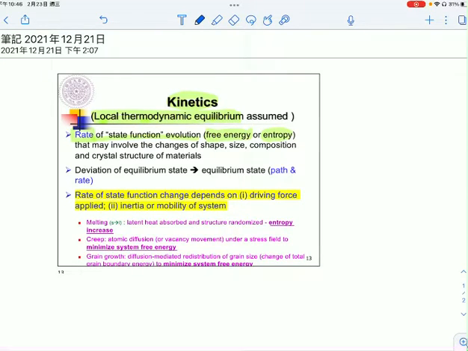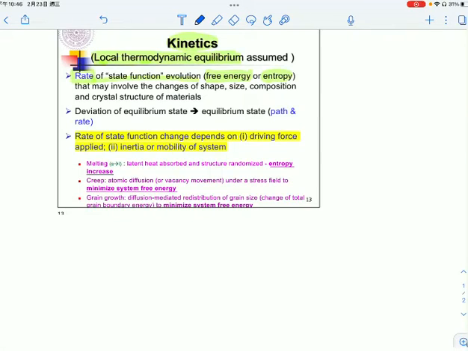Let me explain it. If we put a metal bar at constant temperature T0, then when you plot the temperature profile versus the location, the curve will be like this, right?